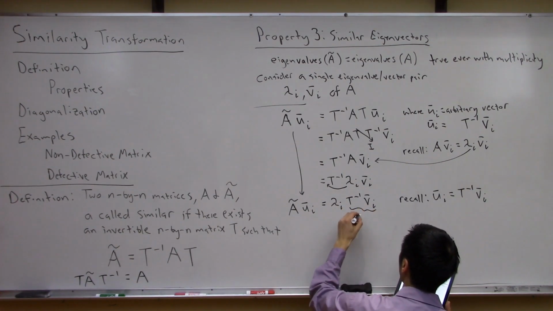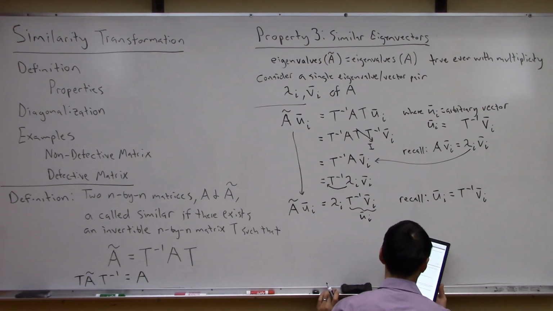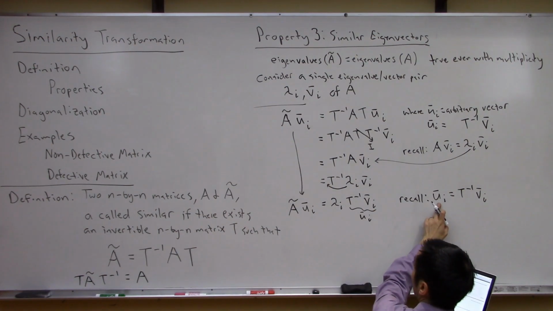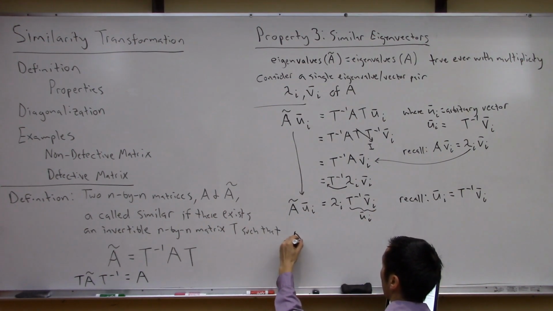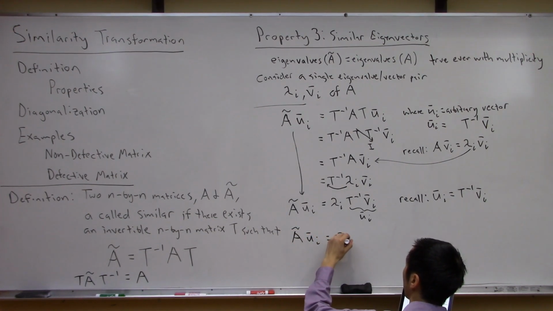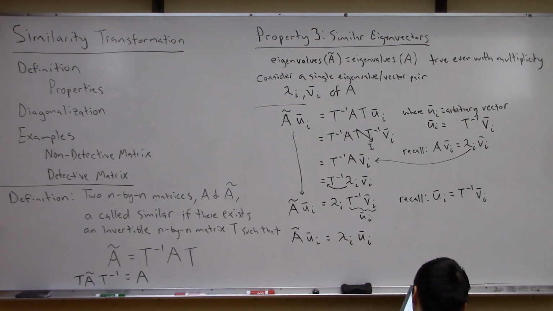This thing right here, this is UI. Right? Yeah, that'll do better. Okay, so this thing right here, that's UI, right? So we basically have A tilde UI is equal to lambda I UI, right? Perfect.